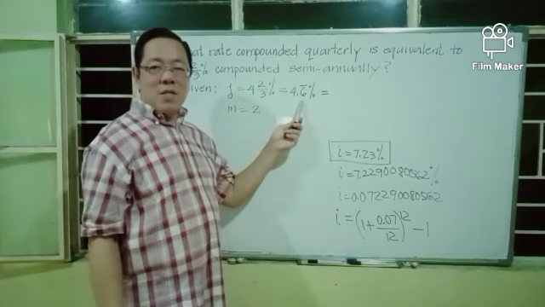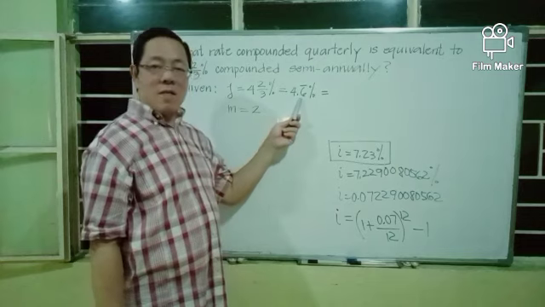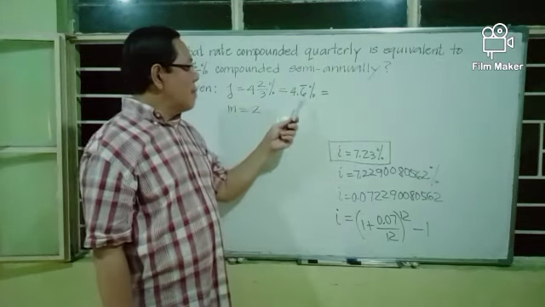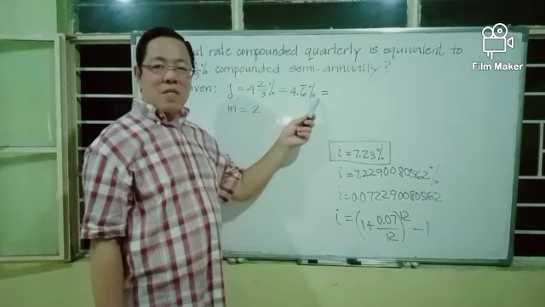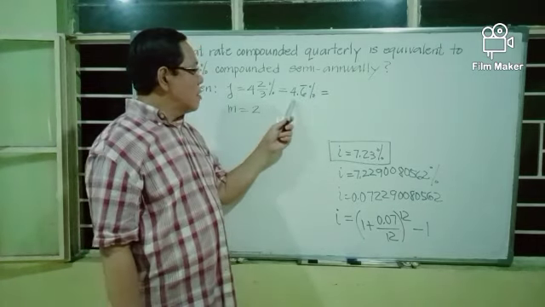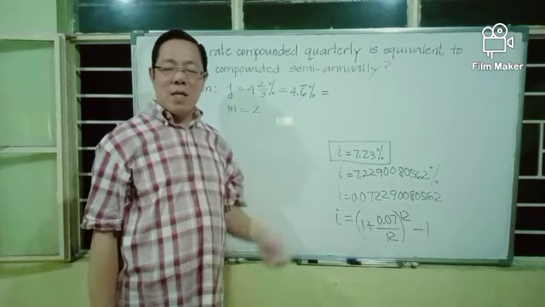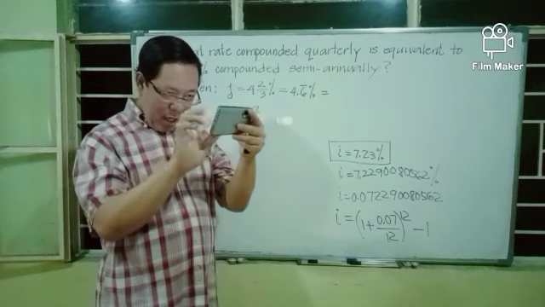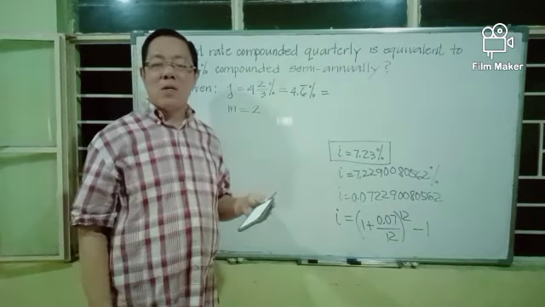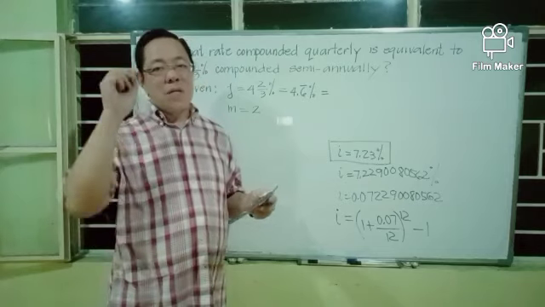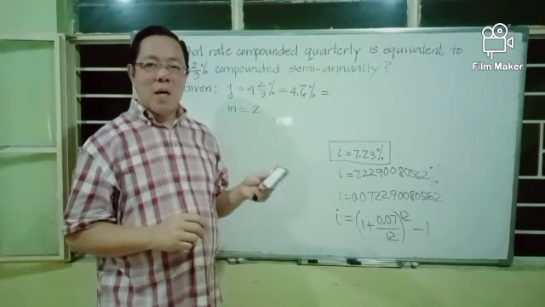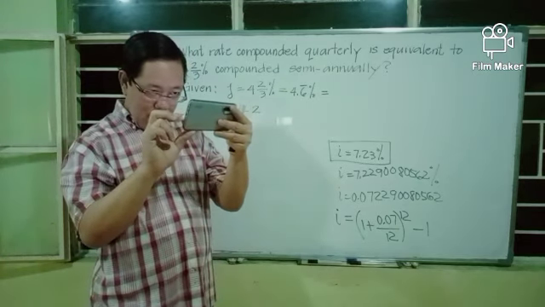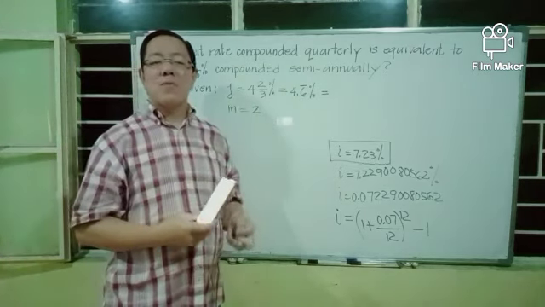The bar above the digit 6 means that the digit 6 is repeated without end. But 4.6 bar percent is still in percent. So we have to divide this by 100%. Or in your calculator, you divide the answer, 4.66 repeated without end, by 100. And you should get 0.04.